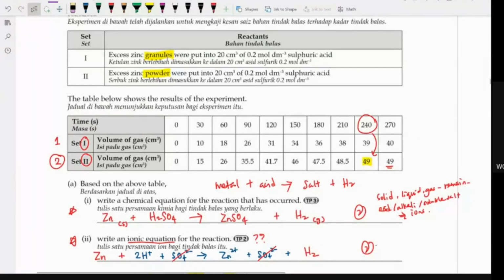Okay, class. Set 2 is using the powder, right? Now the reaction is zinc reacting with the sulfuric acid. So class, what are the particles that collide here? Anyone, can you tell us? What are the particles that will collide in this reaction?